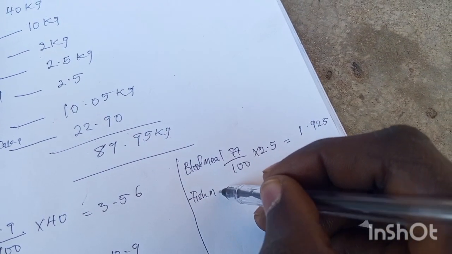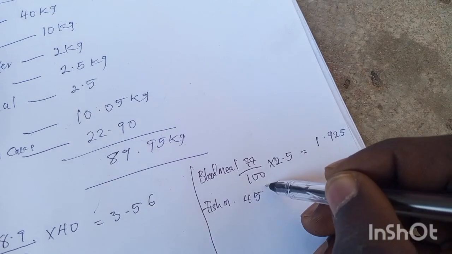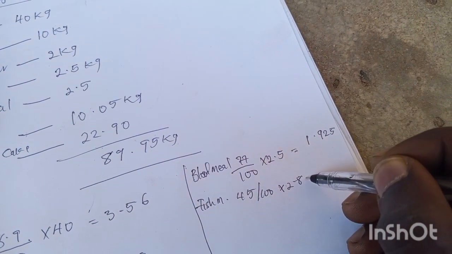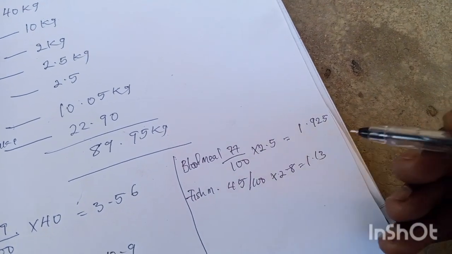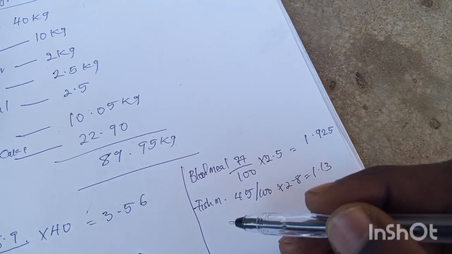Fish meal, we are going to be having 45/100 times 2.8 equal to 1.13. Good. Remember, you need to have your calculator with you so that you can follow.